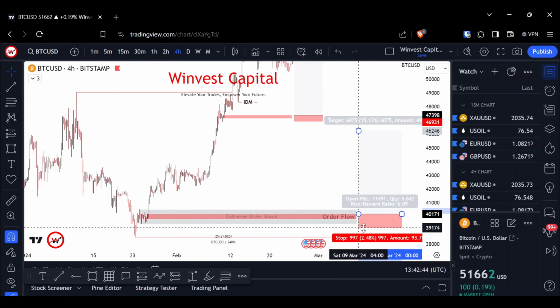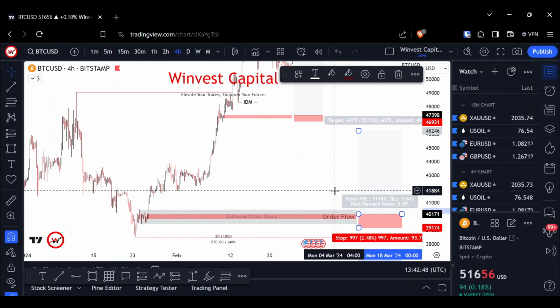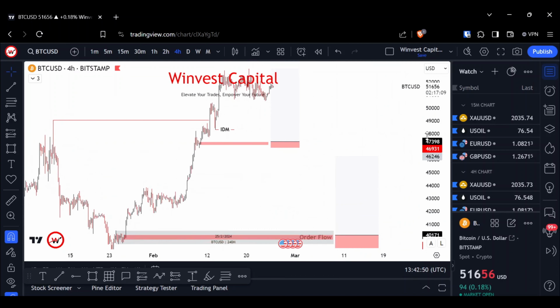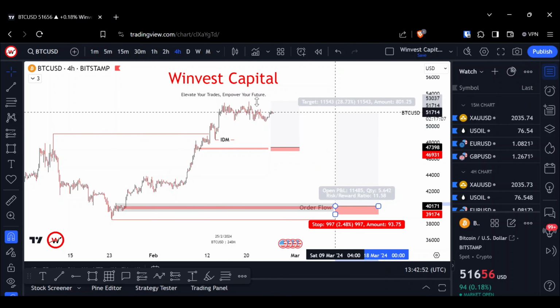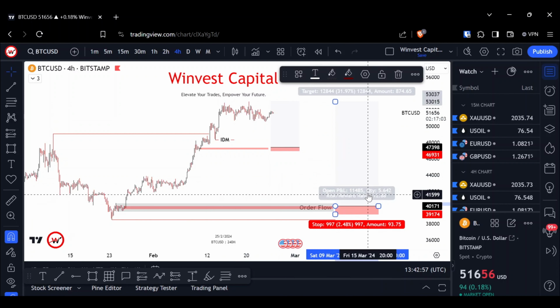I would like to go for order block, a little bit under the order flow area and to the high, and that's right there, and that will give you almost a 1-to-13 risk reward.